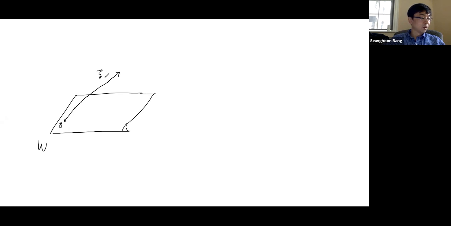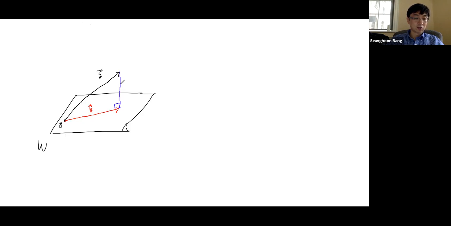I'm going to project vector y onto subspace W. We project it with exactly a right angle and connect. This red one is exactly y hat. This is the best approximation to y.